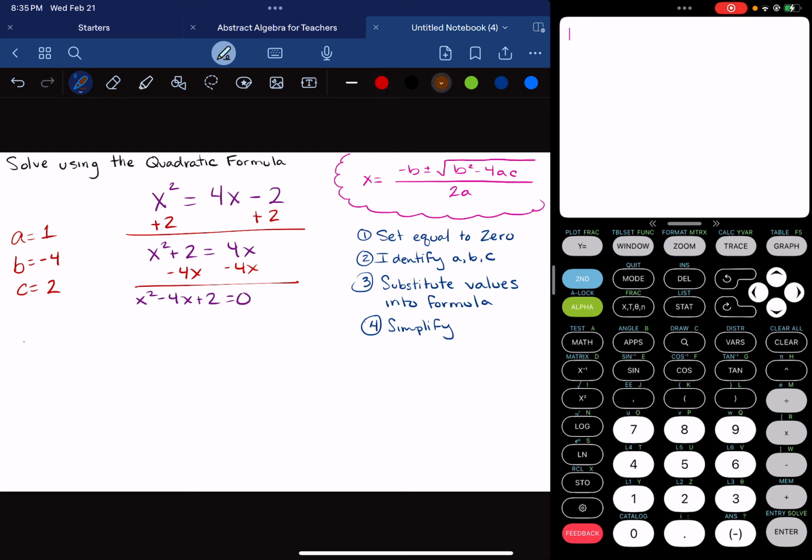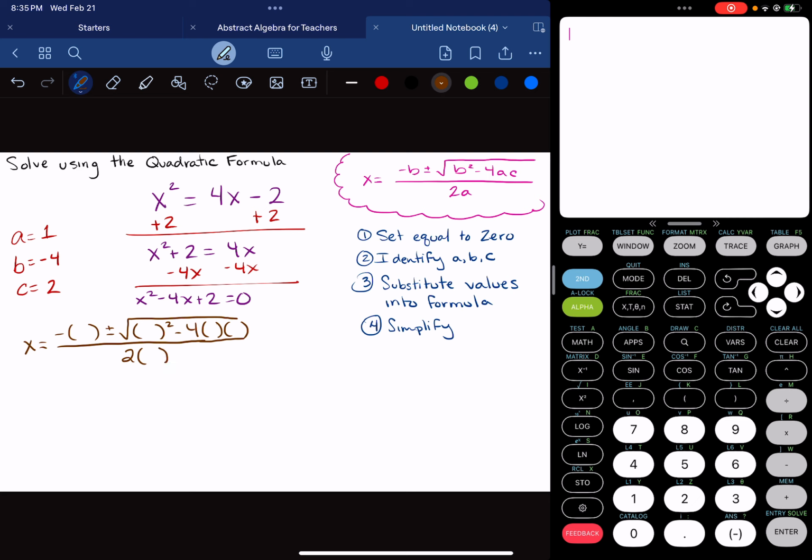So we get x is equal to negative b plus or minus square root b squared minus 4 times a times c. And then in the denominator we get 2 and a.